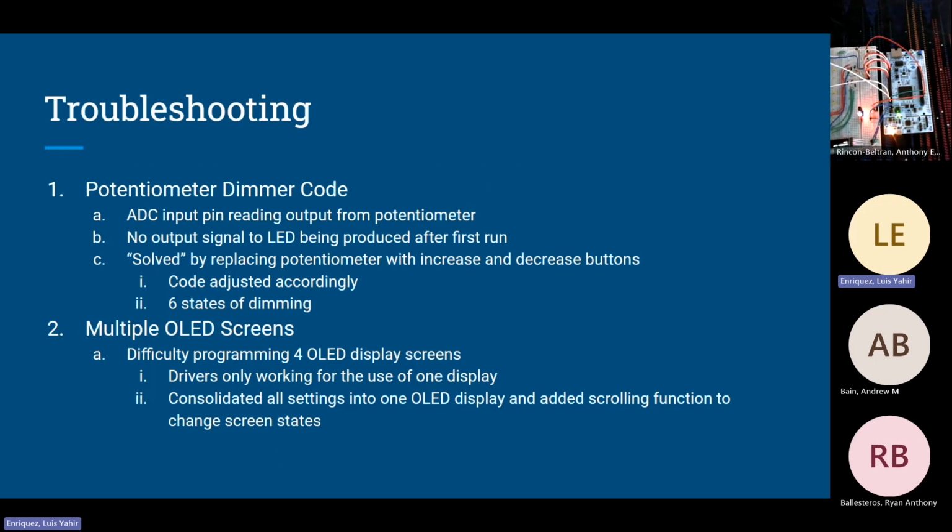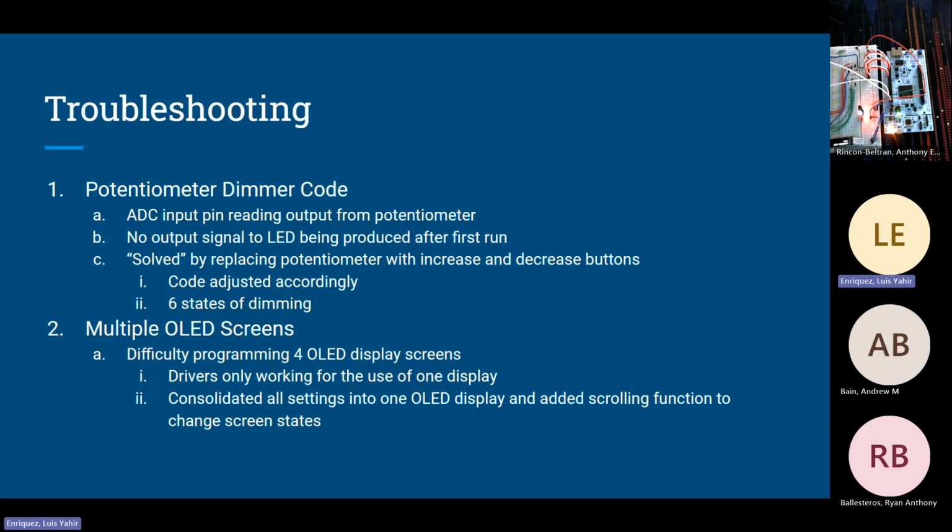It was working initially, but on the first run we weren't detecting an output signal to the LED from the board. The board was supposed to detect an ADC input from the potentiometer, depending on the resistance, and convert that into a signal to the LED to affect the brightness. So we resolved this issue.